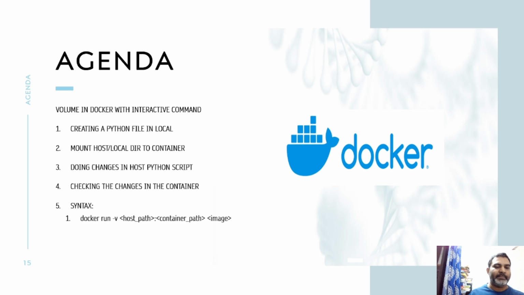Then we will be mounting this host directory to a container directory, and then we will create a container, and then we will make some changes to the Python file here in the host to see whether the same changes are being reflected in the container directory file, and then vice versa, making changes to the container directory file and seeing whether the host directory file is getting those changes reflected in it. Okay, so this is going to be our agenda.